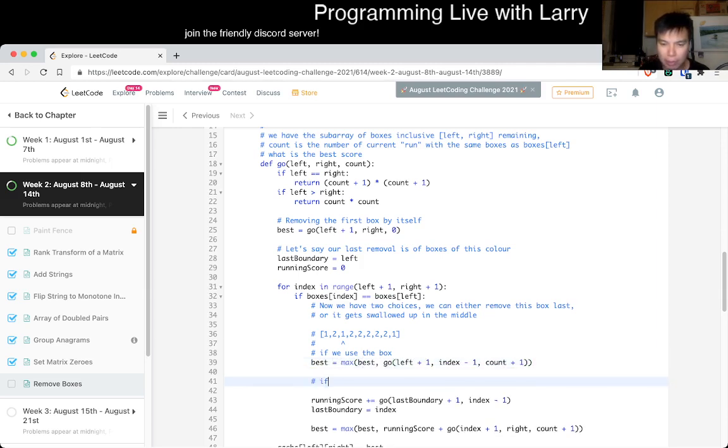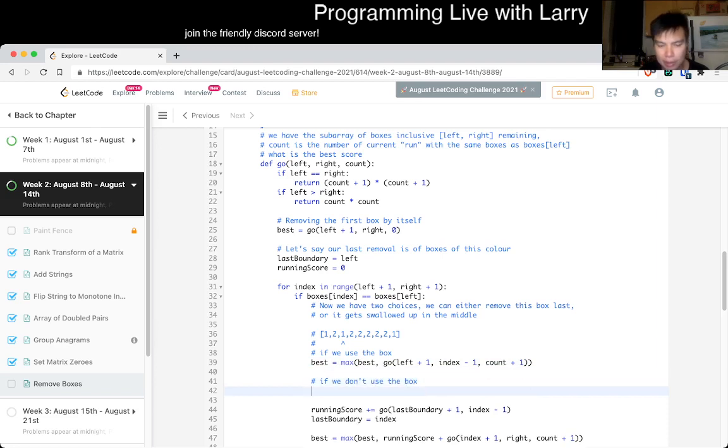If we don't use the box, what is the score? Then best is equal to max of this. We go left plus 1. Well, if we don't use the box, then we just ignore it.